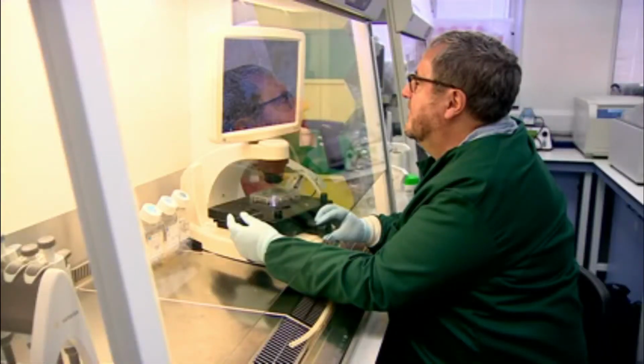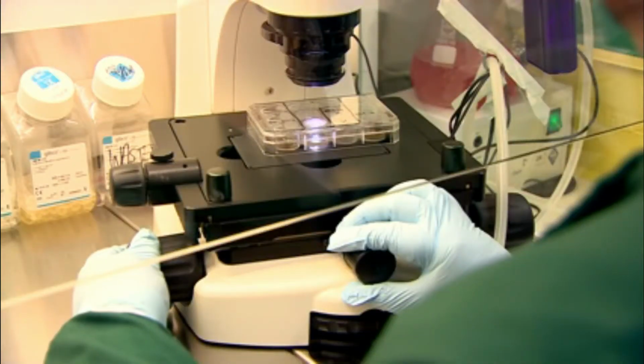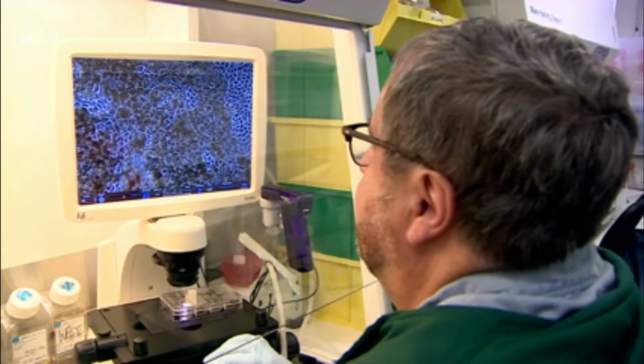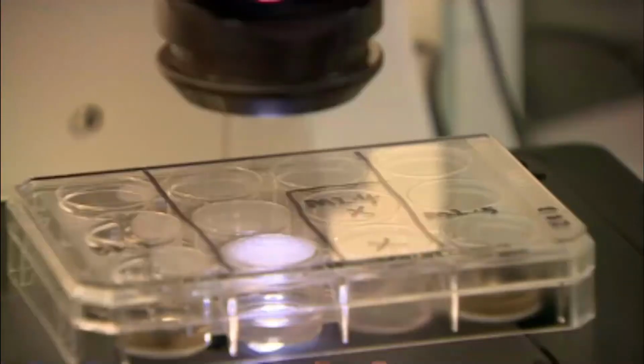Under the microscope, these are the specialised eye cells being used in the pioneering treatment, originally derived from a donated early embryo smaller than a pinhead. They were seeded onto a tiny patch like this and injected into the eye of an anonymous 60-year-old female patient who'd lost her sight because of AMD.